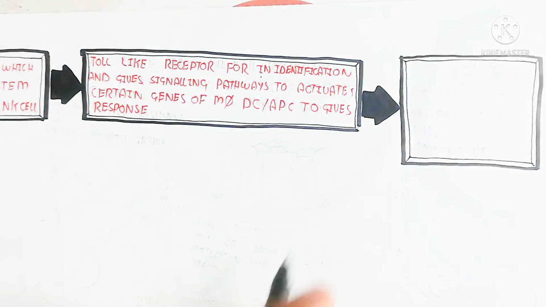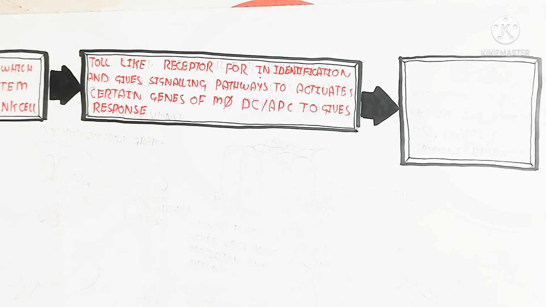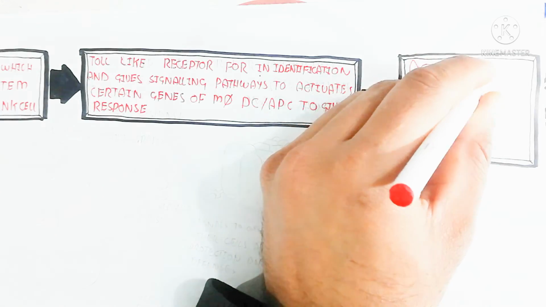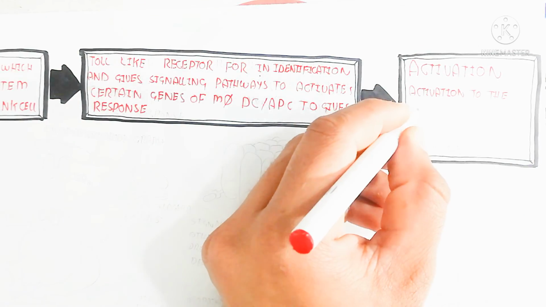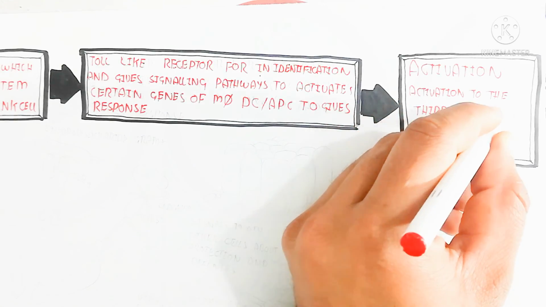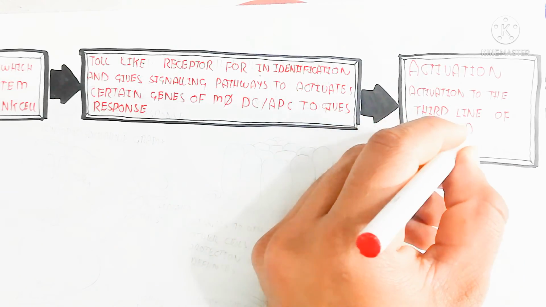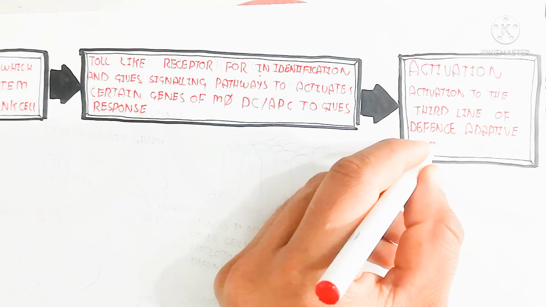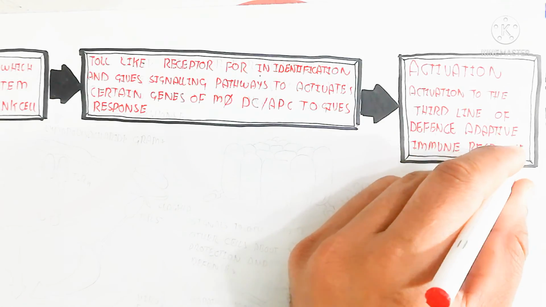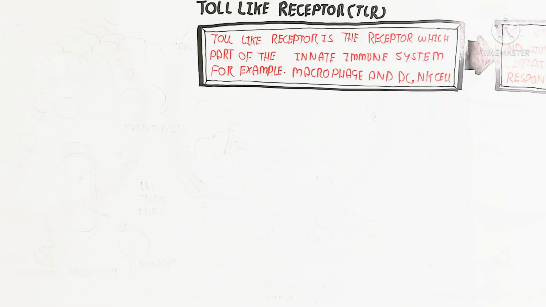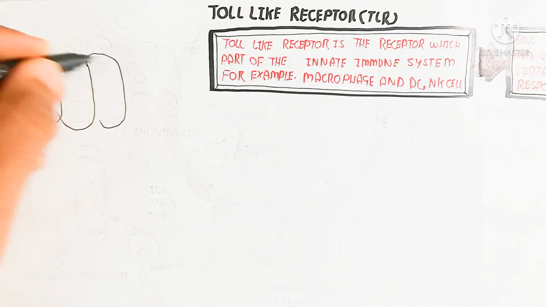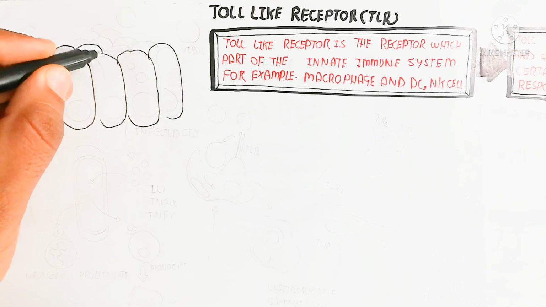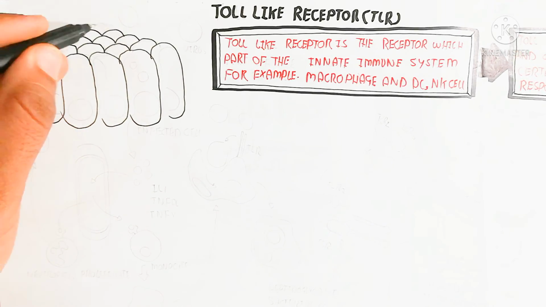So let's begin to understand the first general concept about the toll-like receptor mechanism and its response. Basically, when the antigen invades the human body, it will infect different types of tissue.